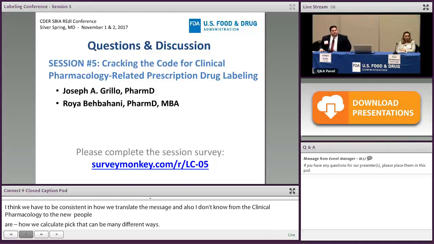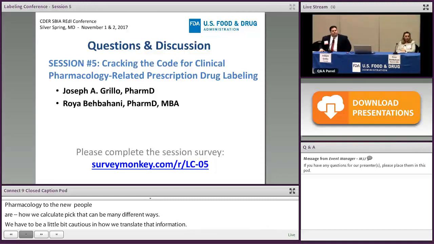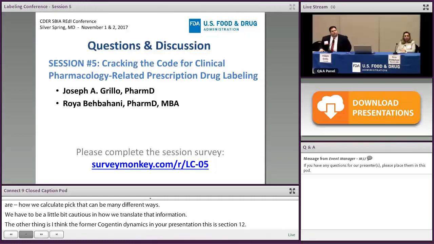The other thing is the pharmacogenomics. In your presentation, this is in section 12.5. Yesterday we did have a discussion about whether, for example, if we have a polymorphism in D6 or C19, those mutations affect the clinical outcomes.